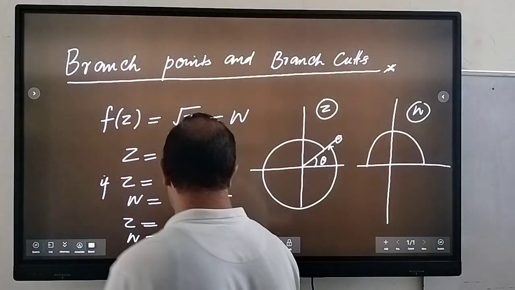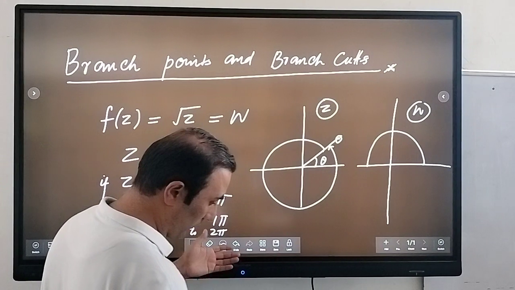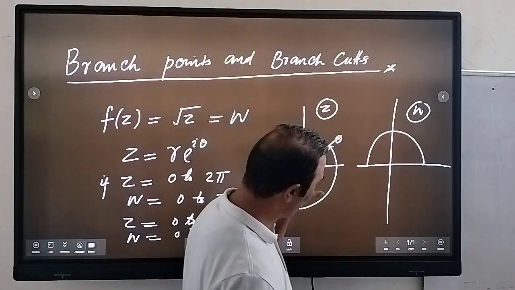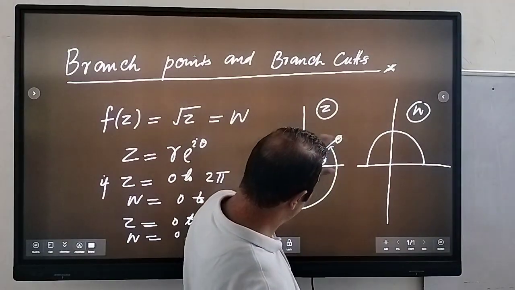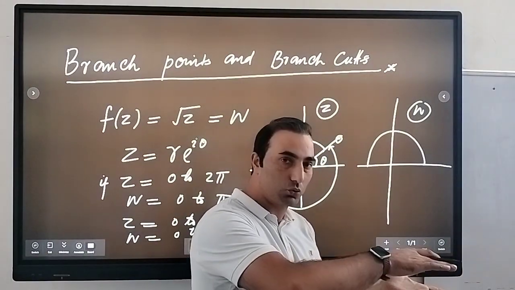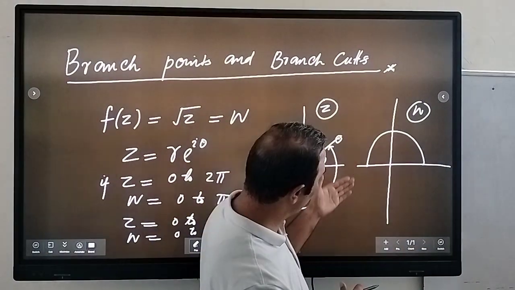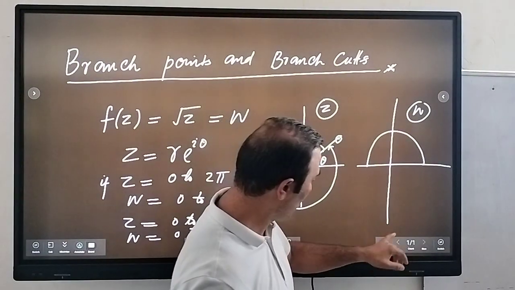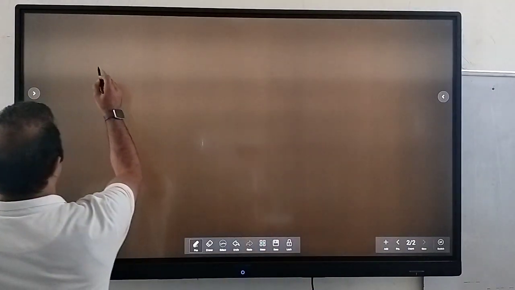This is how you define it. We need two copies of the z plane, one above the other. Then we can map it onto the w plane, because our w is the square root of z. So we can have two sheets here.